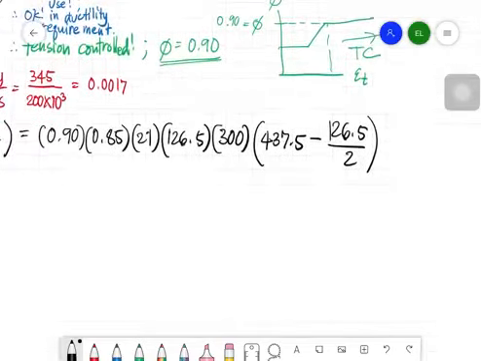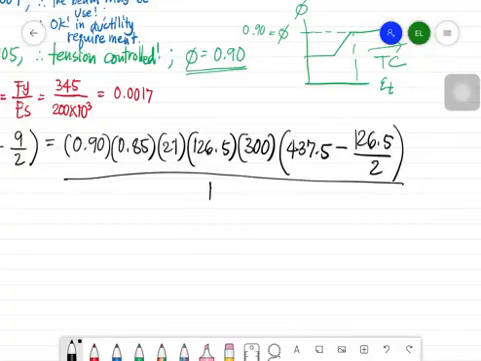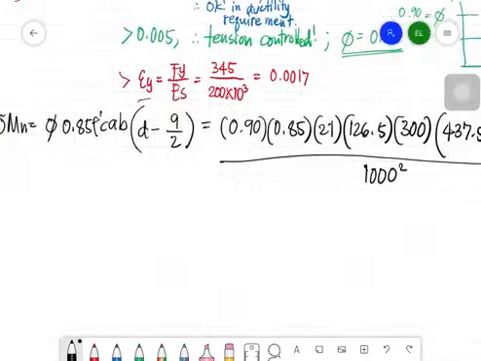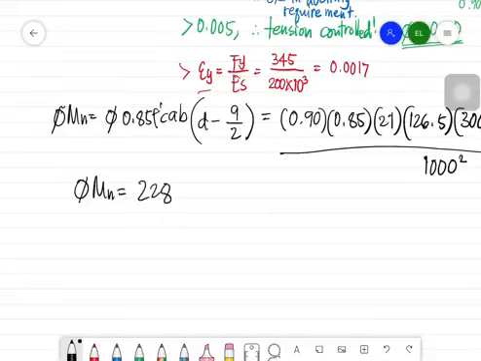Just divide it by 1000 squared, so you will be getting a phi Mn which is equal to 228.168 kilonewton meter.